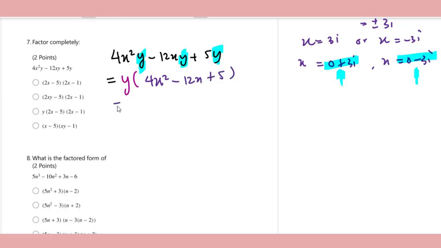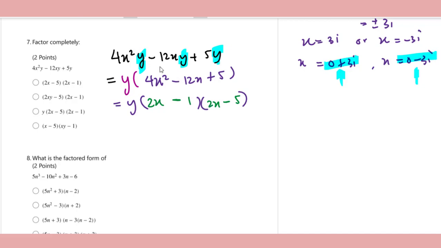Now we need to factorize this quadratic. This one is 2x, 5, 1, negative. So negative 1 times negative 5, 2 times 5 is negative 10, 1 times 2x is negative 2x.